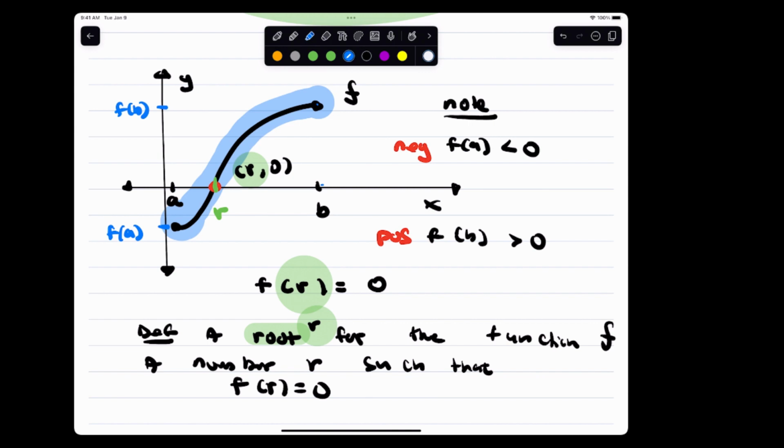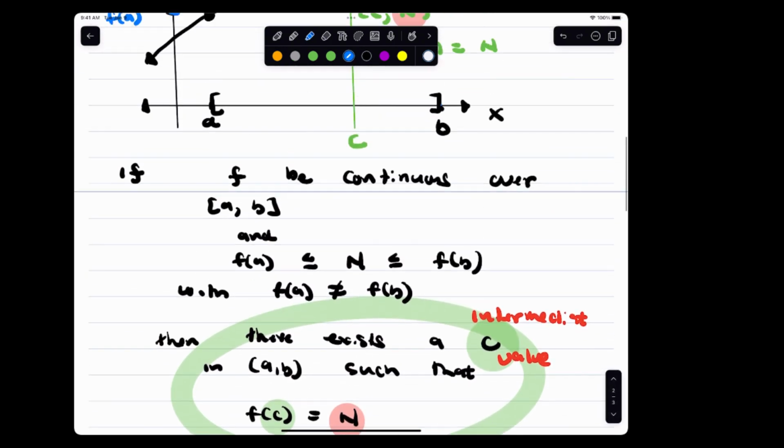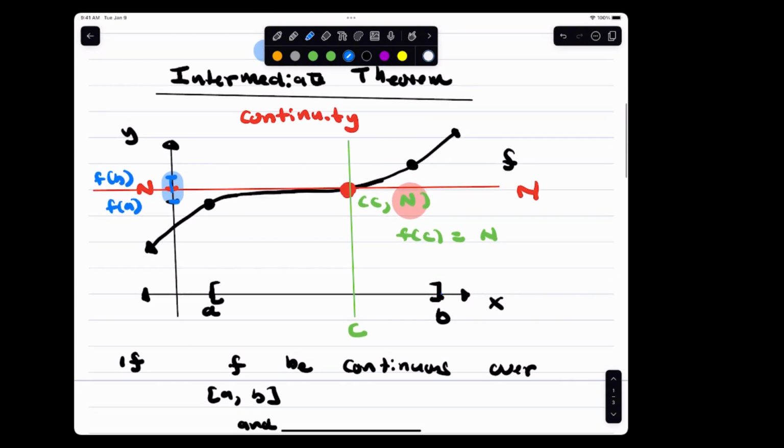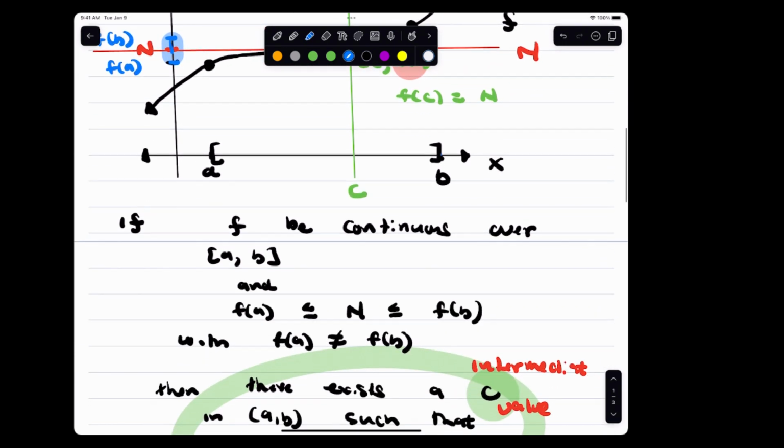But this is a very specific case of the intermediate value theorem. The intermediate value theorem in general doesn't require f of a or f of b to be positive or negative. It just requires that they're not the same. That's why we say not equal.